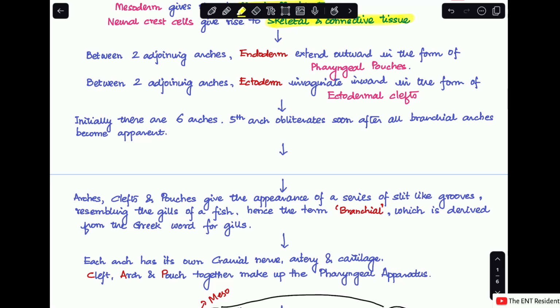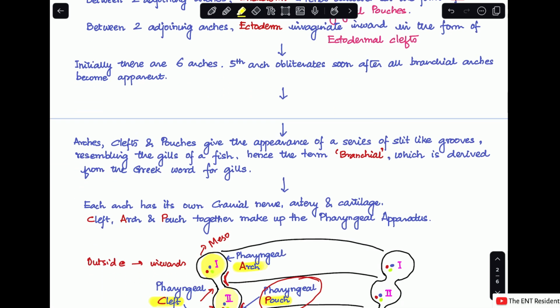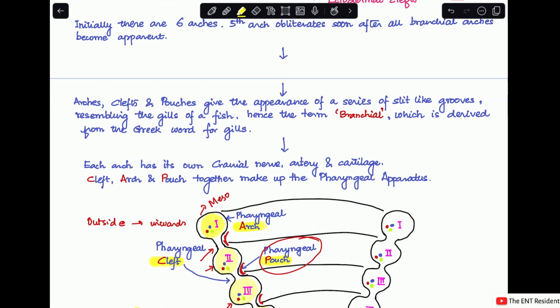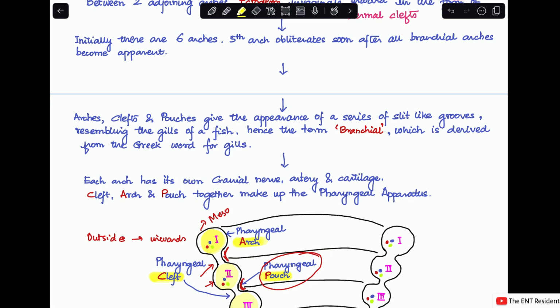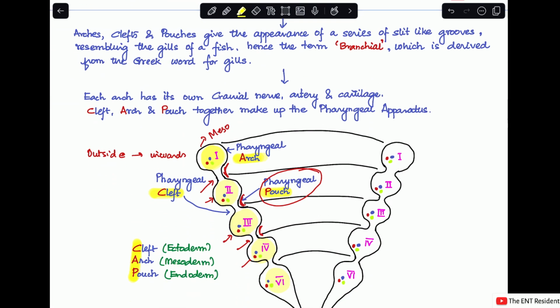So, between these adjoining arches, we have seen the pharyngeal pouches on the inner aspect and the ectodermal clefts on the outer aspect. And as I've already said, there are initially 6 arches. The fifth arch gets obliterated soon after all branchial arches become apparent. And all these structures that you have seen, the pharyngeal cleft, the pharyngeal arch, and the pharyngeal pouch, they all together form the pharyngeal apparatus. And each arch over here, you can see in the image, has these tiny dots inside.